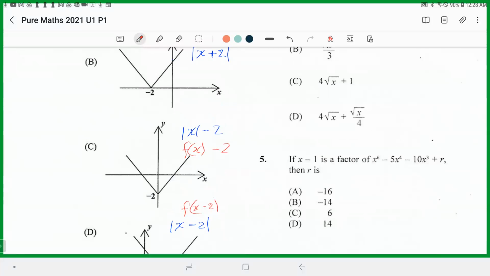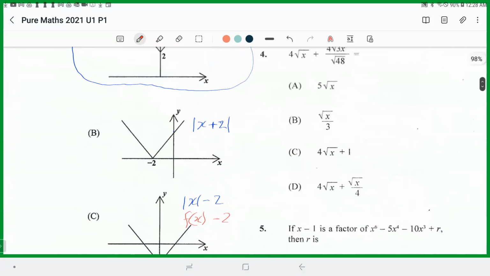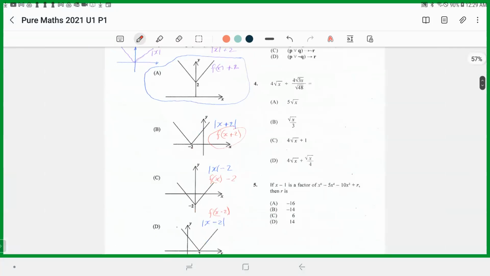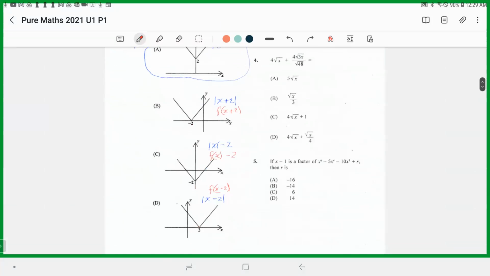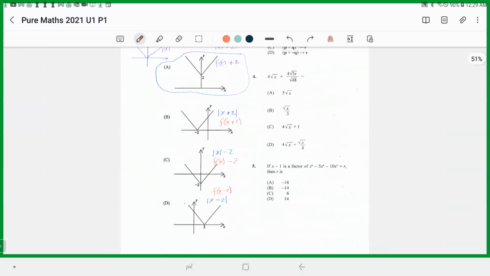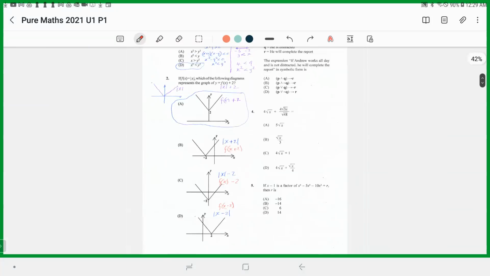See that? And then this one would be f of x plus 2. So if they give you this, this is the answer. If they give you this one, that is the answer. I wrote what each one is. All right, so that's it. Next question.